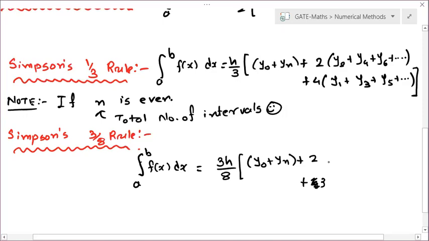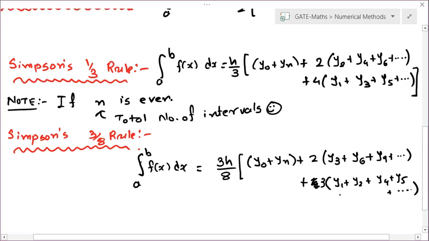So for 2 times I will take all multiples of 3, that is y3 plus y6 plus y9 and so on, and 3 times for all the remaining numbers, that is 1, 2, 4, 5, and so on.